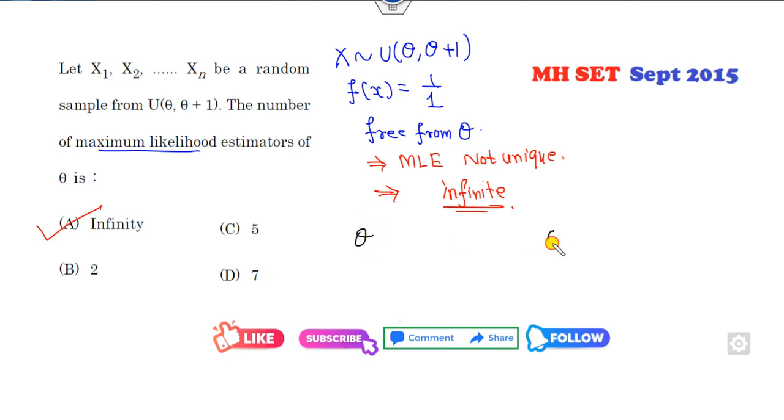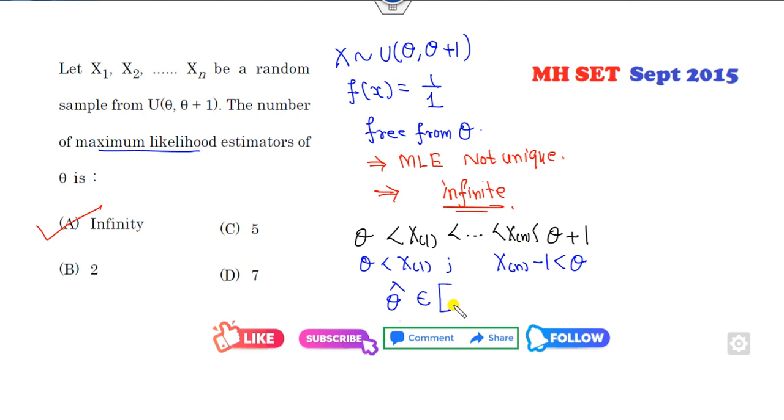And if you want to calculate what those MLEs are, you can see from here. So theta, this is my range. I can write it as x1, x2 and up to xn. Fine. So from here, xn minus 1 theta. So this belongs to the interval xn minus 1 comma x1.